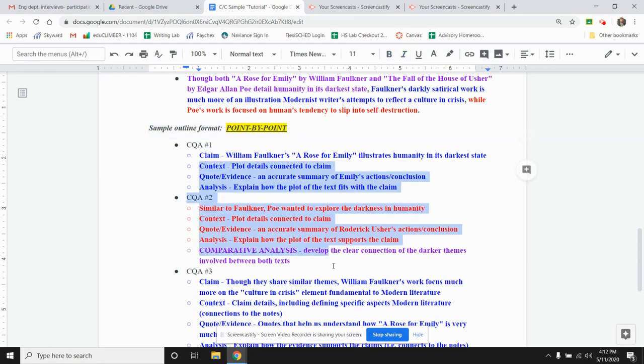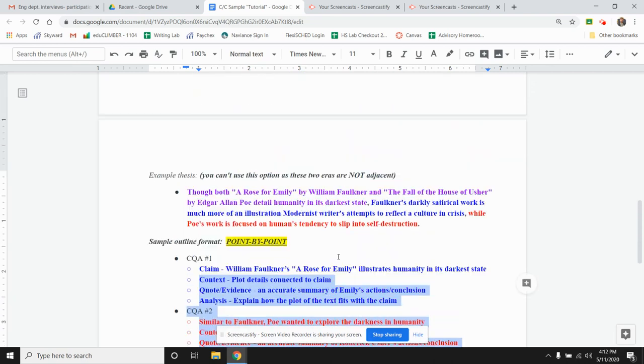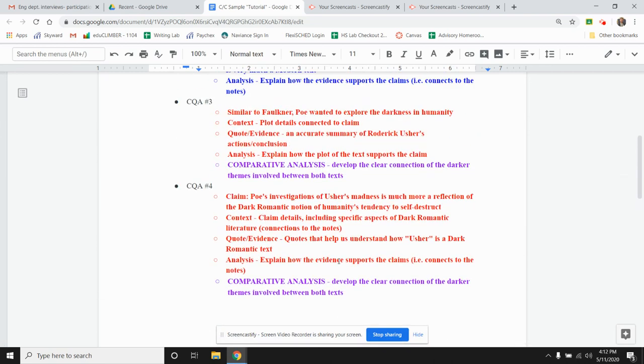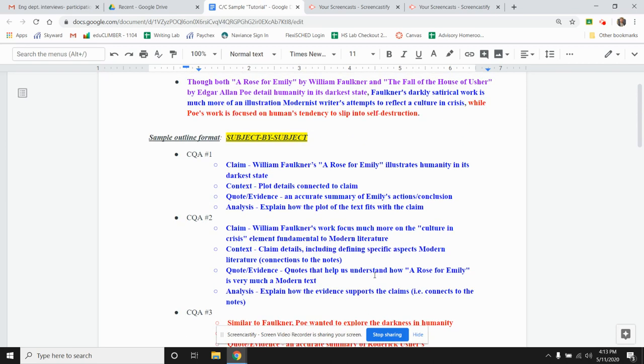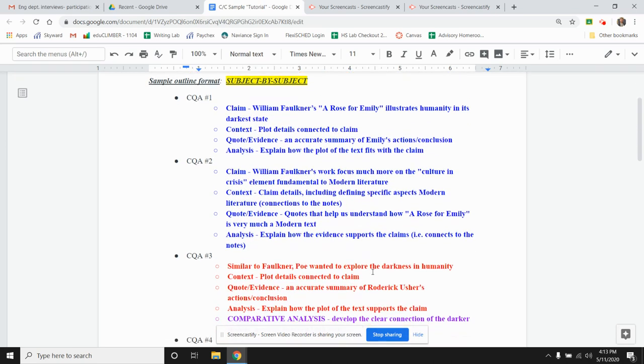It really would have looked a lot like this as one option. Otherwise, you would have had body paragraphs that were more centered around comparative analysis. So perhaps your first body paragraph would have had no comparative analysis, and your second body paragraph would have. But again, you folks are only writing one body paragraph with 4 CQAs.